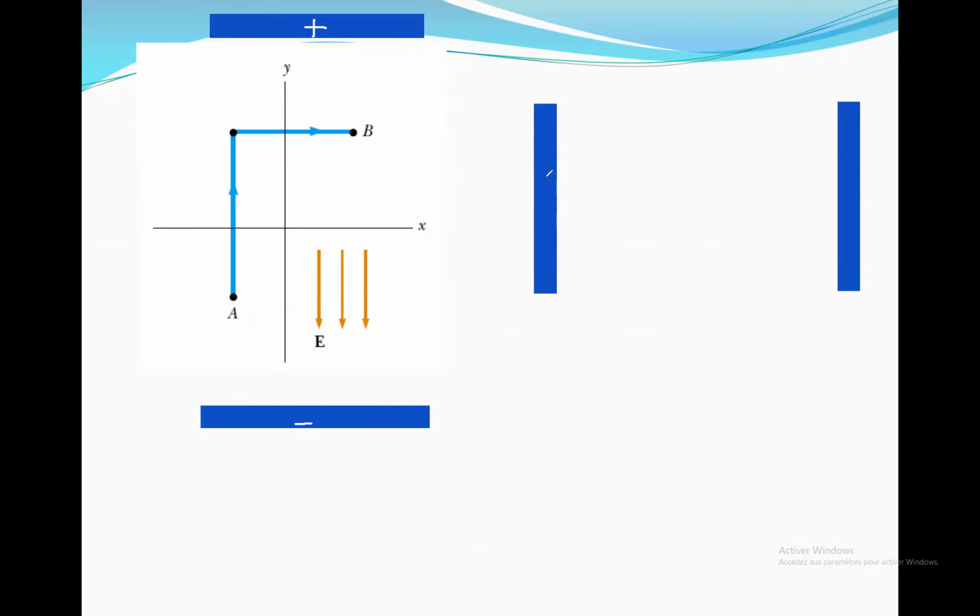Let me explain before here. If we have a positive and a negative charge, between them you have a constant field. The positive charge here is the position of the high electric potential, let's say the position of point A, and here we have the position of low electric potential, the position B. So if I want to calculate the difference of potential between 2 points, delta V between A and B equals VB minus VA.